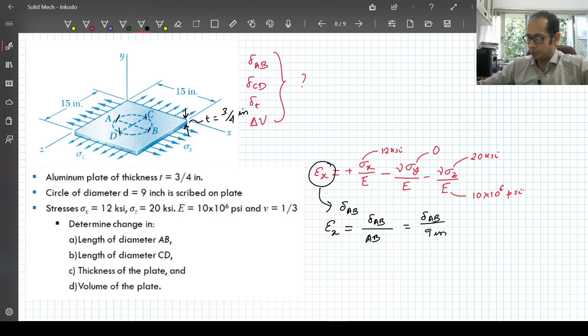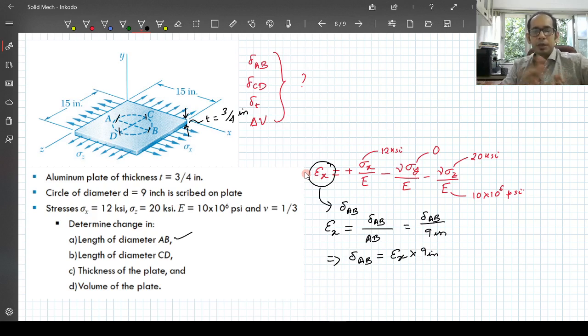Remember, this information was given at this particular point, 9 inch over here. So with this you can easily calculate delta AB. Delta AB is going to be epsilon x, which you have calculated, times the 9 inch. You have to be careful in substituting the numbers. In the first equation we wrote for the strain in terms of the stresses, the ksi and the psi, remember, 1 ksi is 1000 psi. With that you can easily calculate this.